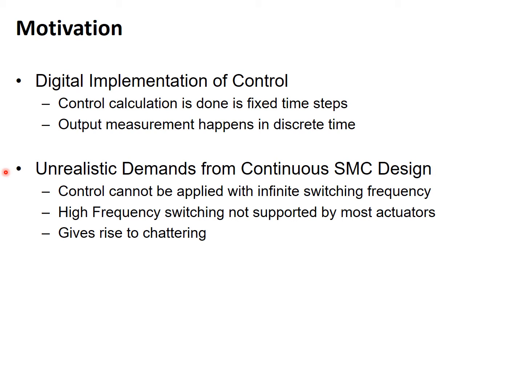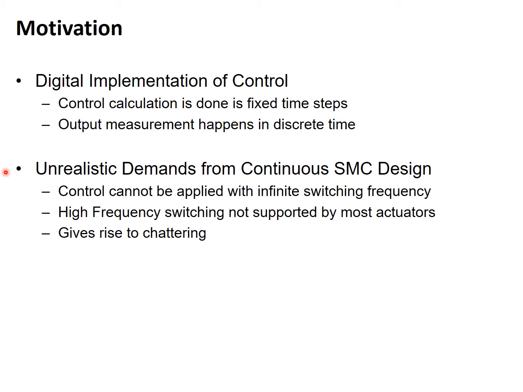So the problem that discrete time sliding mode control encountered was the infinite switching frequency problem, because as you know, the classical sliding mode control requires the control to switch with infinite frequency, so that the guaranteed robustness can be imparted to the system.